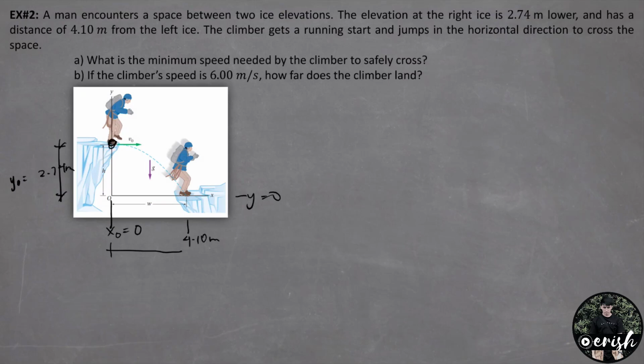As for the initial velocity, we are given that our initial velocity in the x direction, v sub ox, is equal to the initial velocity. First of all, we don't have v sub oy, we have no initial velocity in the y direction. So this is 0.